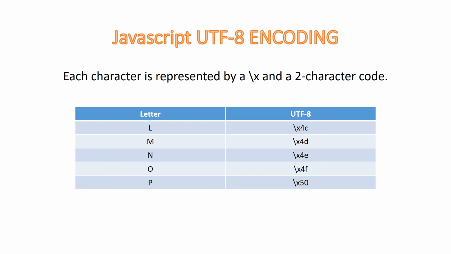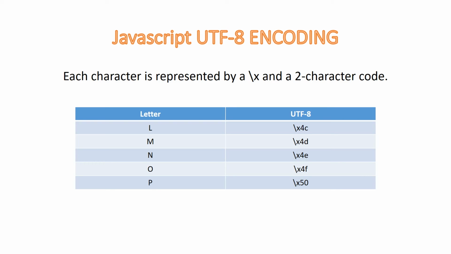So computers and code, they need a way to represent those characters simply. And there's a number of different schemes for representing characters. There's ASCII and whatever. So UTF-8 is a way to represent characters. So for example, every UTF-8 character is represented by 2 characters.